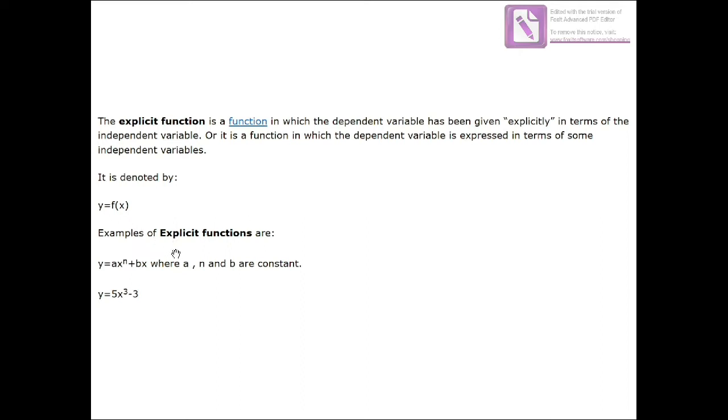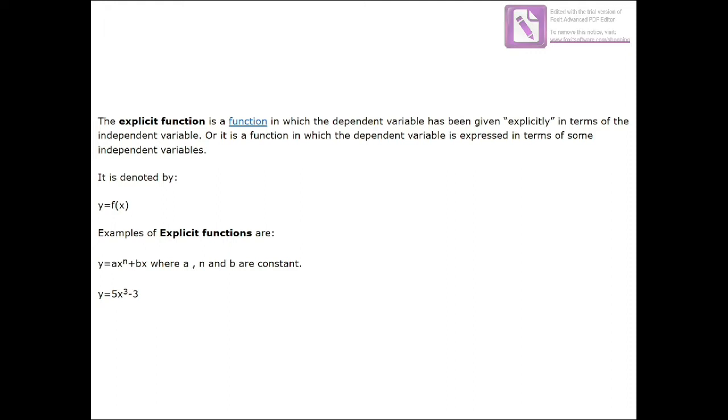And here any explicit function can be written like y = ax^n + bx, where a, n, and b are constants. An example of this one is y = 5x^3 - 3. So the explicit function is a function of one variable.